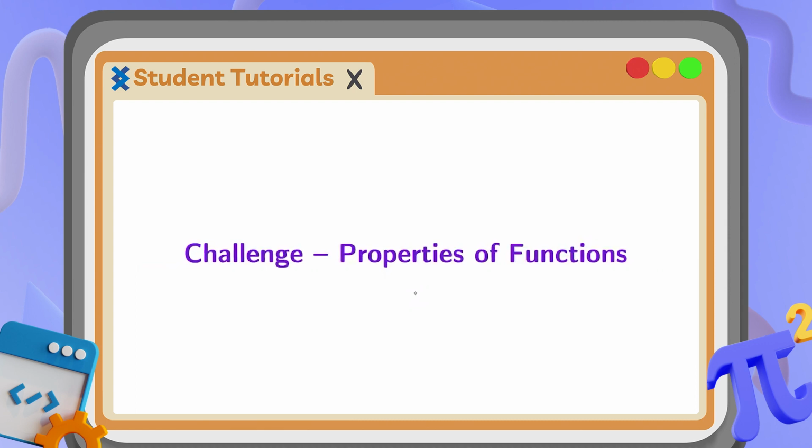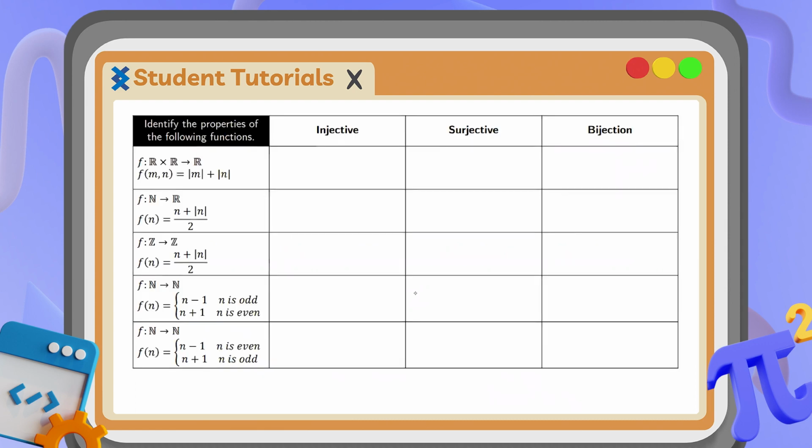And these are some challenge exercises that you can use to determine whether something is injective, surjective, or bijective. Take note that functions can have more than one input, which is represented by the cross product of two sets over here, which is in this case, real number cross product with a real number.